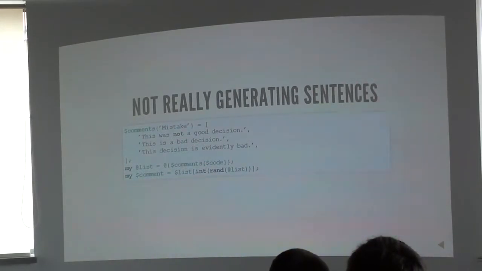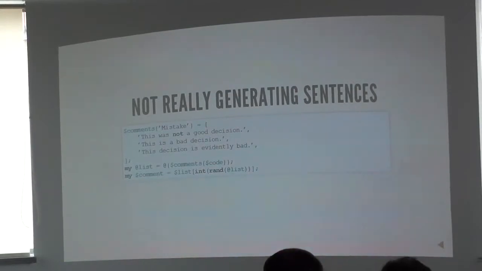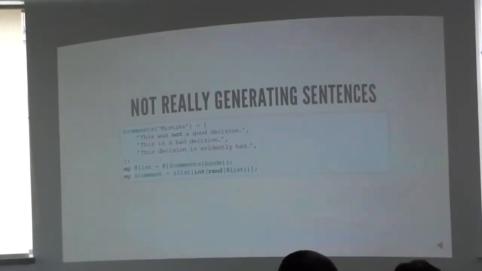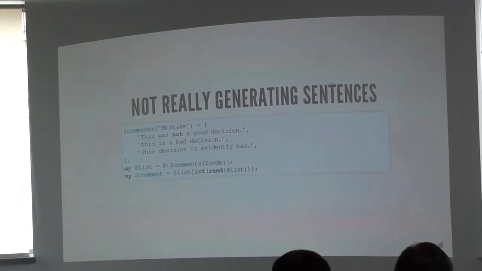First, it classifies a move as a mistake, and then it wants to tell us that we made a mistake, but in order to provide some diversity, we don't want to use the same sentence every time. So we're choosing a sentence, 1 of 3, and printing it out. But it's not really generating sentences, because the set of rules that we have here is very minimal. We define that an allowed sentence is only one of those 3. Not more, not less.